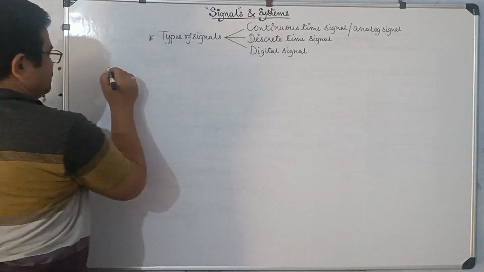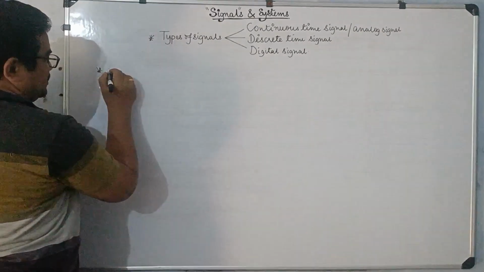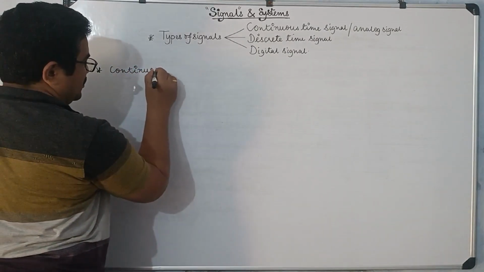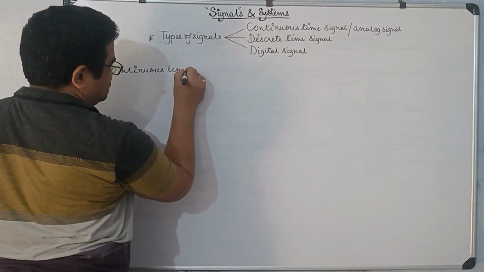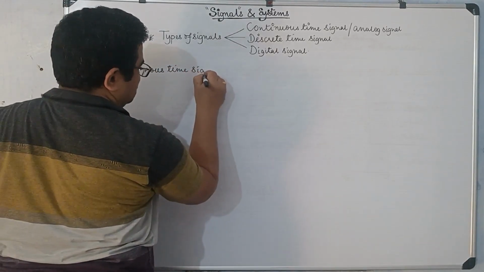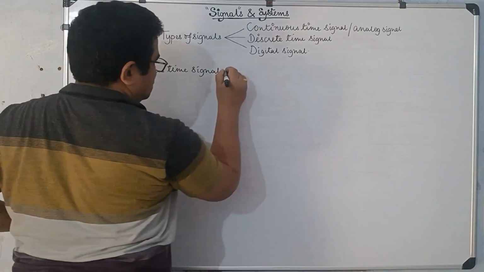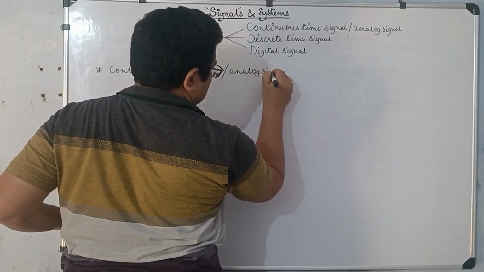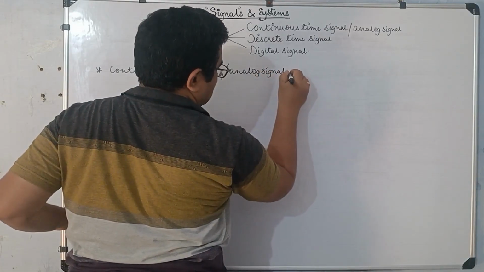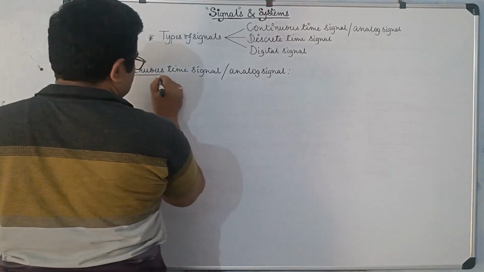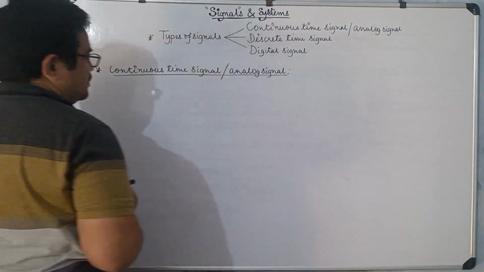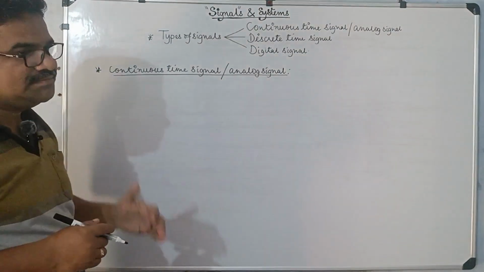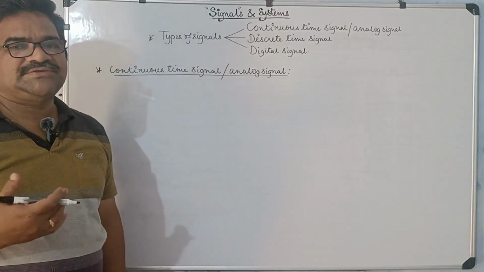The first one is the continuous time signal or analog signal. As the name implies, continuous time, the signal varies continuously with respect to time.